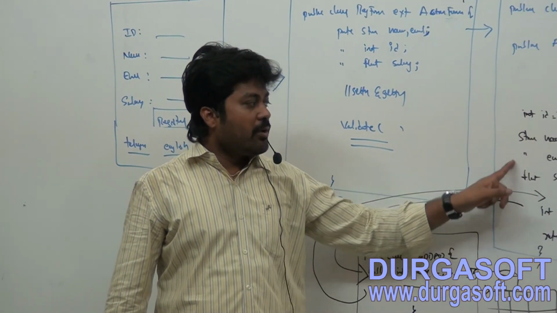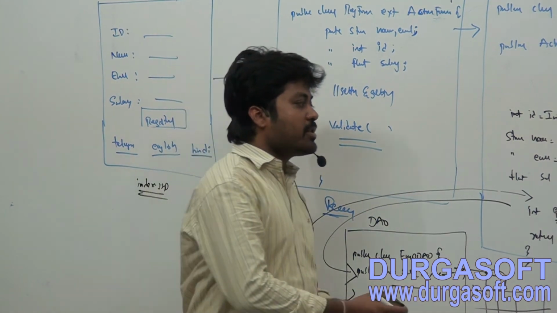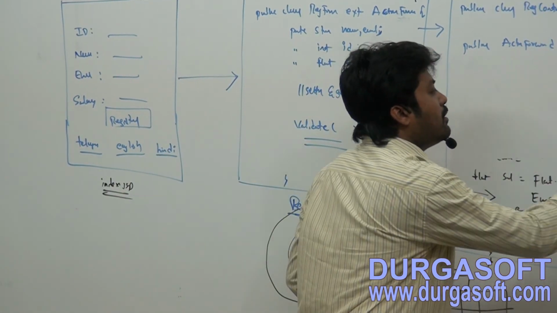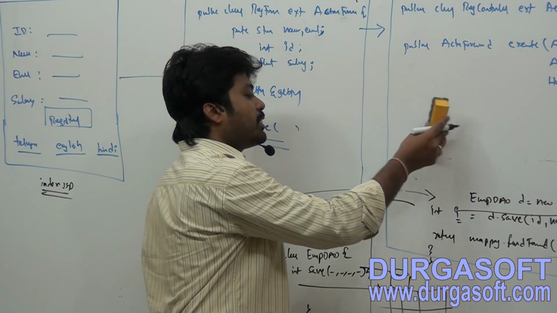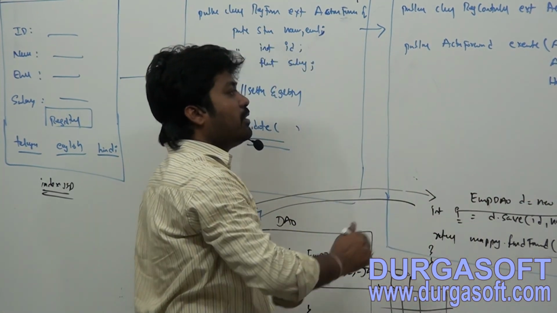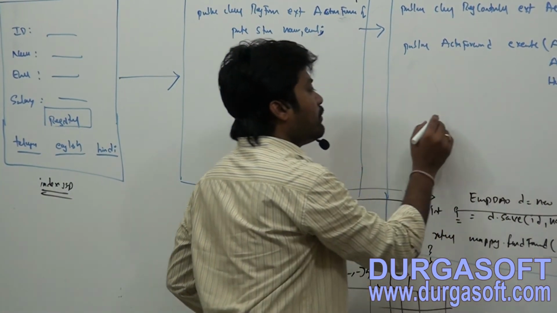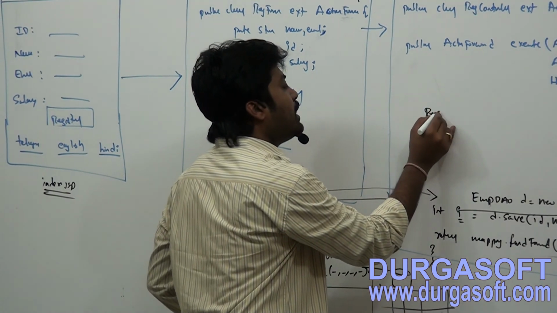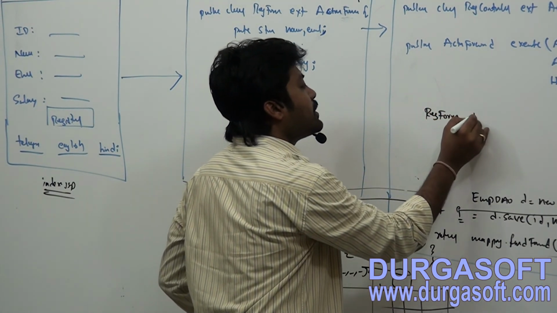Instead of doing read operations by using the request object, we can do read operations using the form bean object also. How to read using the form bean? Using this second reference, you just typecast your data into registration form.